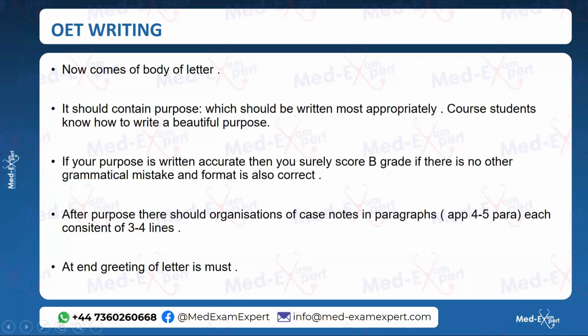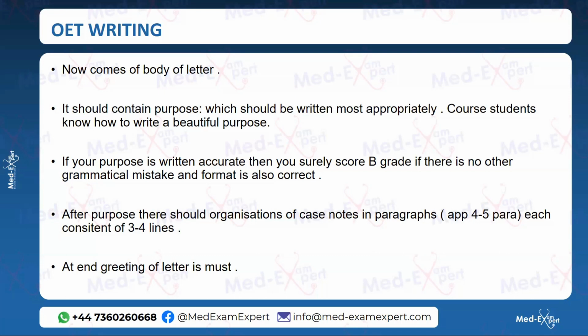So now, after address and salutation, there comes the body of the letter. And it is a very, very important thing to consider, because we have to start the body of the letter from the purpose. Let me tell you, in the OET exam, the purpose of the letter is a very, very important thing, because if you don't pay heed to it, you are not going to ace this module. I can give you an example.